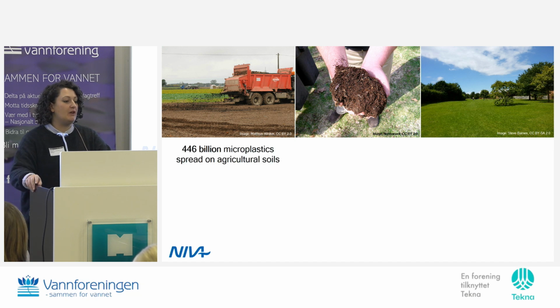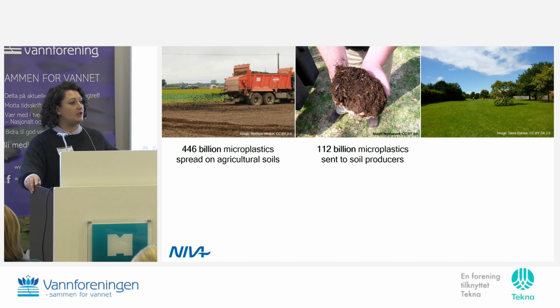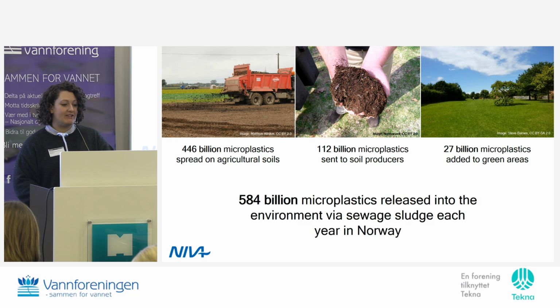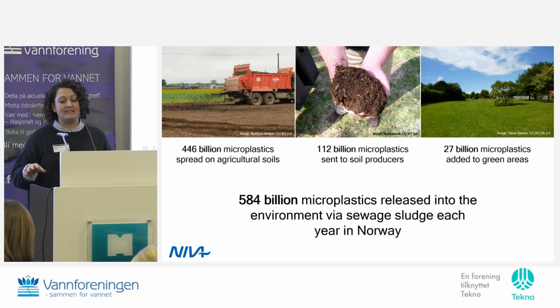This related to around 446 billion microplastics that are spread on agricultural soils, 112 billion particles that are sent to soil producers, and 27 billion particles that are added to green areas, adding up to 584 billion microplastics that are released into the Norwegian environment each year via sewage sludge.